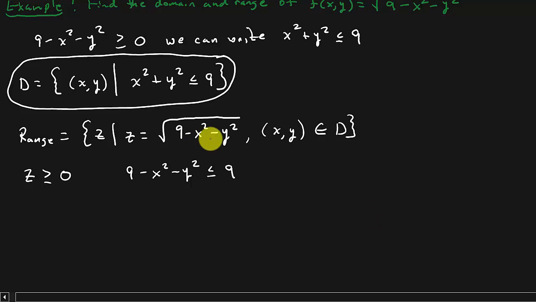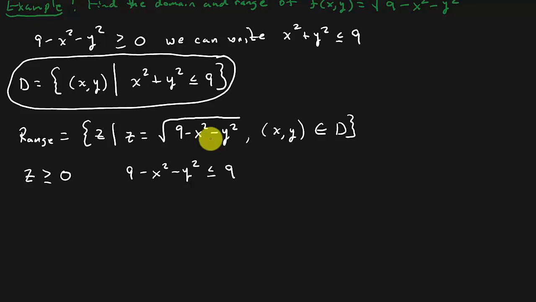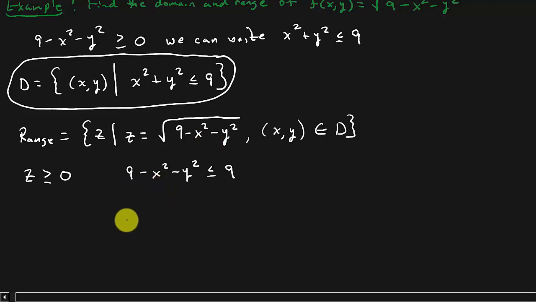Because I'm looking for the output. I'm looking for the range. All right. Well, what this right here also tells me is that the square root of 9 minus x squared minus y squared is going to be less than or equal to 3 if I square root both sides, right?